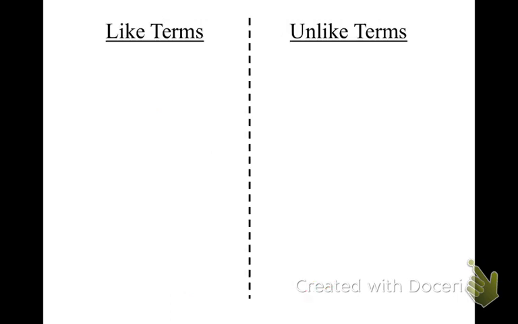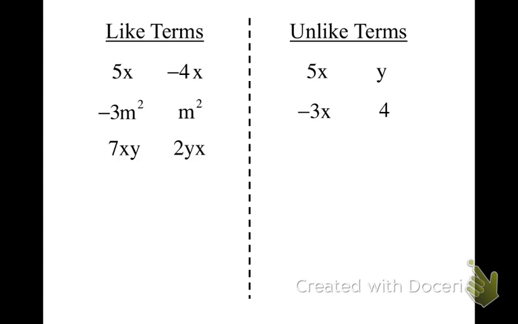Now let's talk about some like terms and unlike. 5x and negative 4x are like terms, but 5x and y is not. 3m squared and m squared are like terms because the variable and the exponent are the same. And negative 3x and 4 are not because 4 doesn't have an x. 7xy is the same as 2yx, same kind of term.